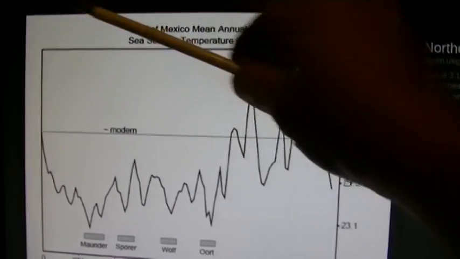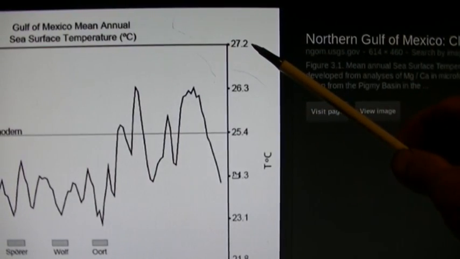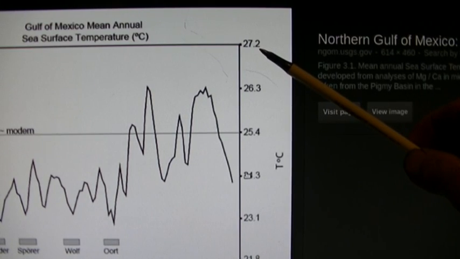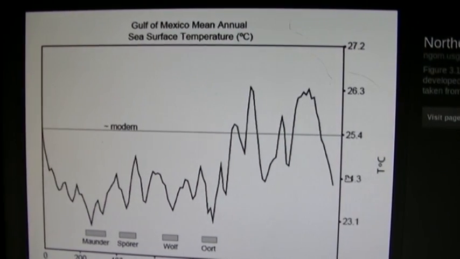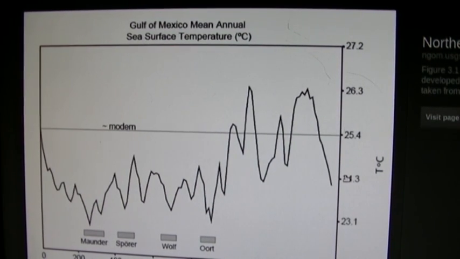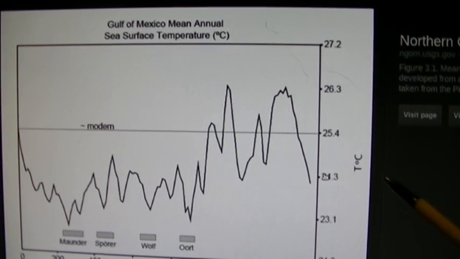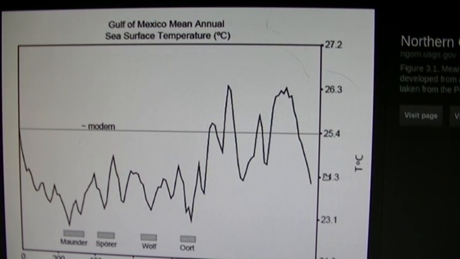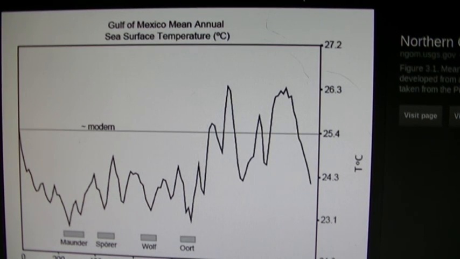It's way over the top because this only goes to 27.2. So in other words, you guys who say there's no global warming, look at this chart. The sea surface temperature of the Gulf of Mexico is off the chart. It's at 31 now, whereas the historical average is, well, 25.4, or actually the average would be down here somewhere. 24.3 might be the average.